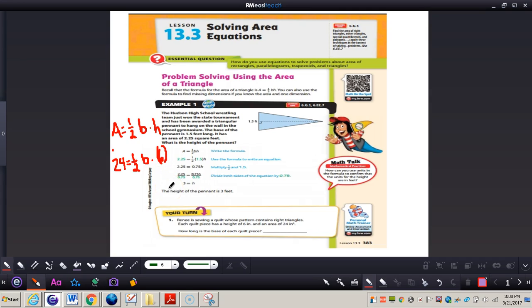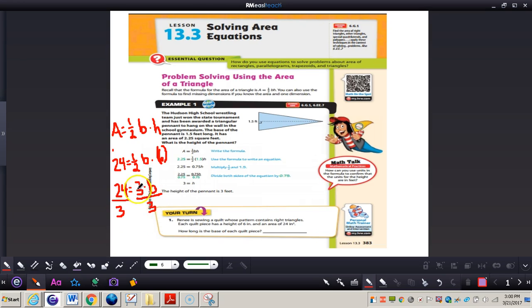Okay, so my first step is we're going to take that 24, rewrite it again. We're going to multiply 1/2 times 6. It's going to give me 3. So 3 times the base now. Okay, so what I'm going to do is divide by 3 on the right-hand side of my equation and also 3 on the left-hand side.